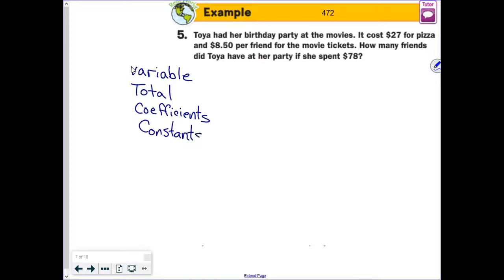And up to this point, we've only had a coefficient or a constant. But today, because this is going to be a two-step equation, we are going to find that we have both. Let's ask, what are we trying to find? It says, how many friends did Toya have at her party? So we're looking for the number of friends. So what I would say is make your variable f to equal the number of friends.